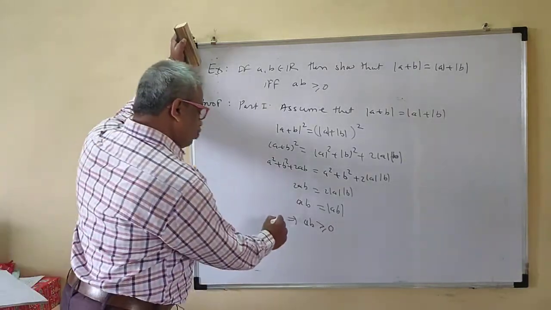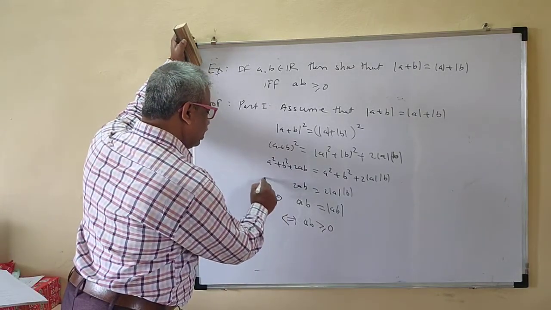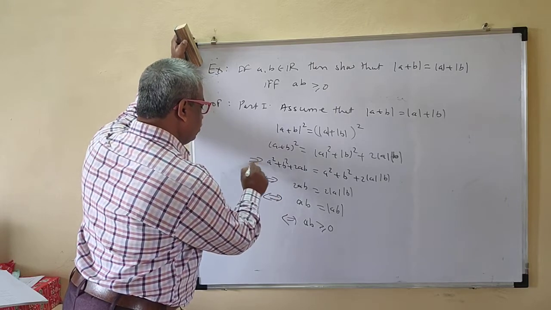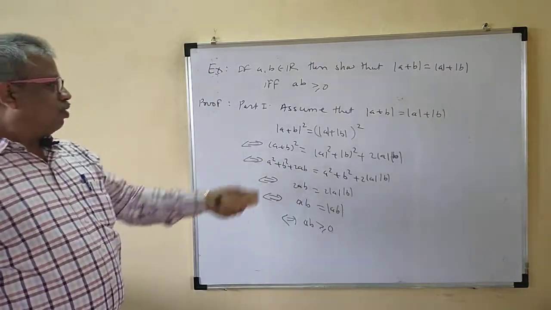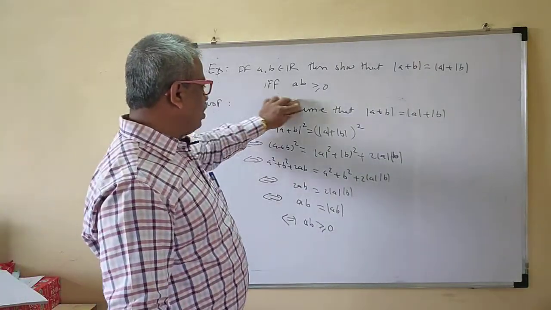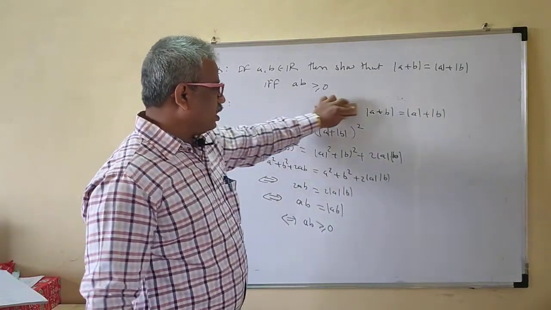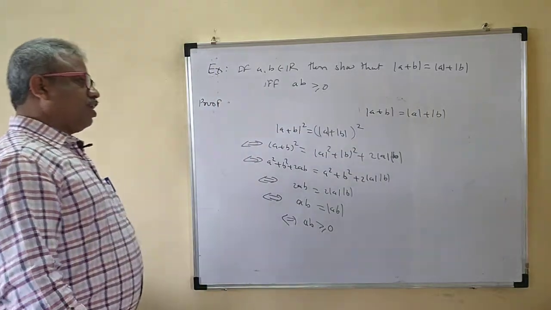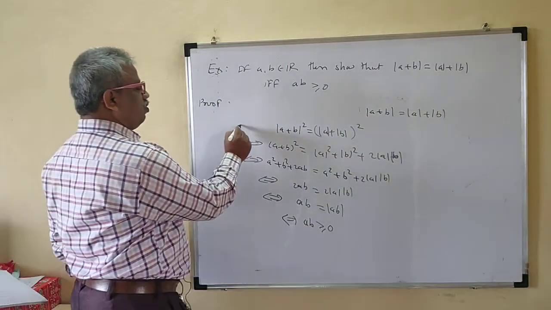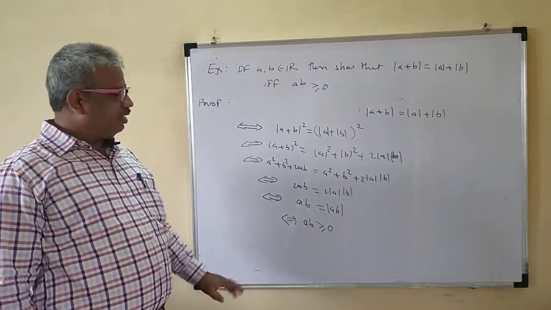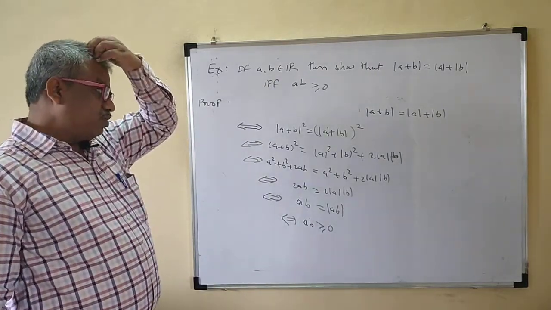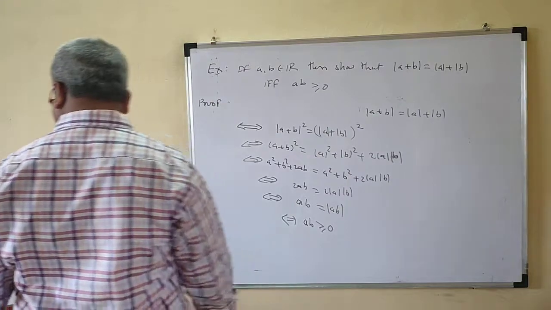So I can write this as if and only if. So no need to do part 2. Just write this only. Okay. So mod of a plus b is equal to this, this is if and only if. Okay. So in one step we did this. Okay. If and only if. So now this is over.